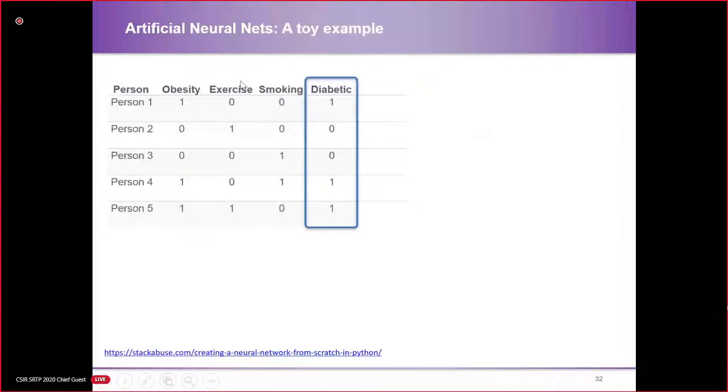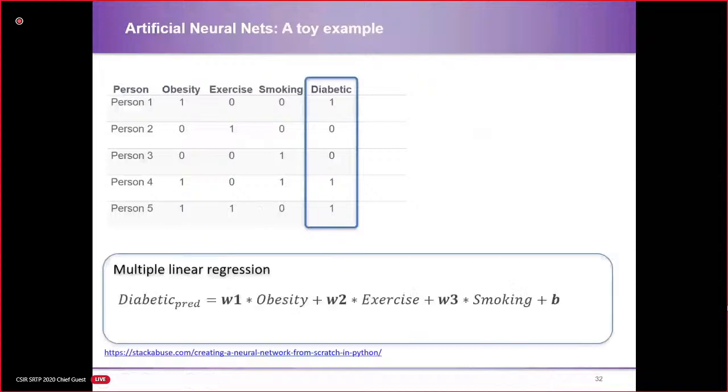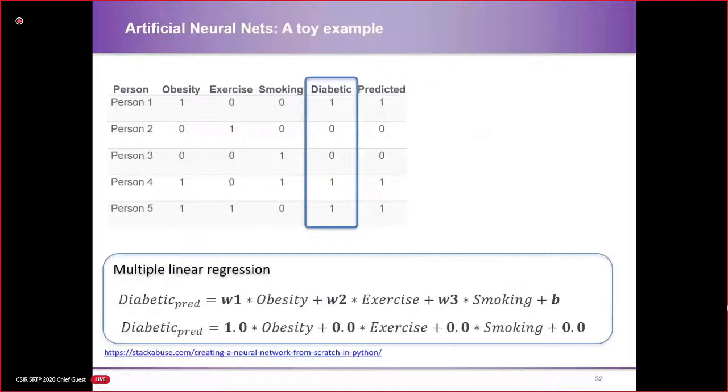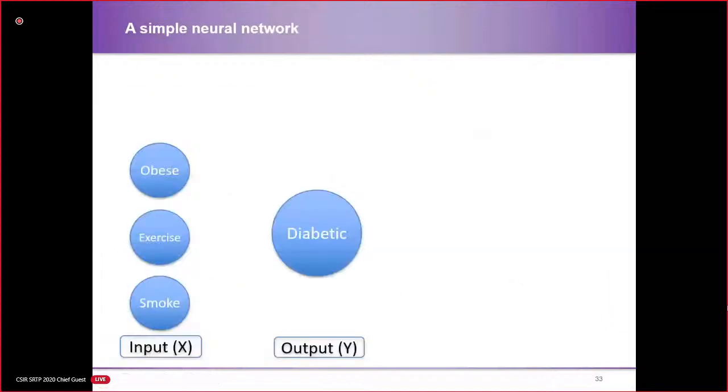If we know this is our training set, you can solve this by multiple linear regression by adding weights to each of those factors, and then you can predict the diabetic likelihood. But the deep neural network does it by this architecture, where you feed in your input and you try to predict the output.